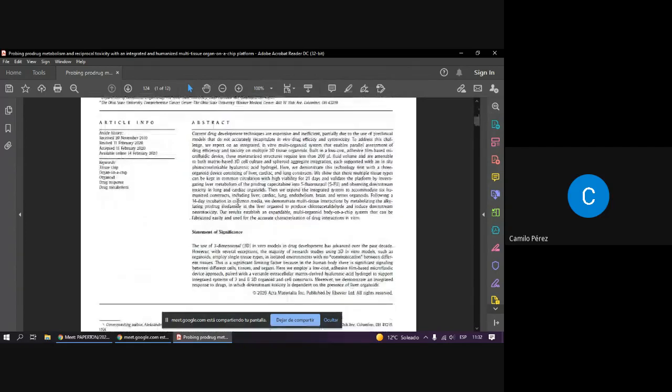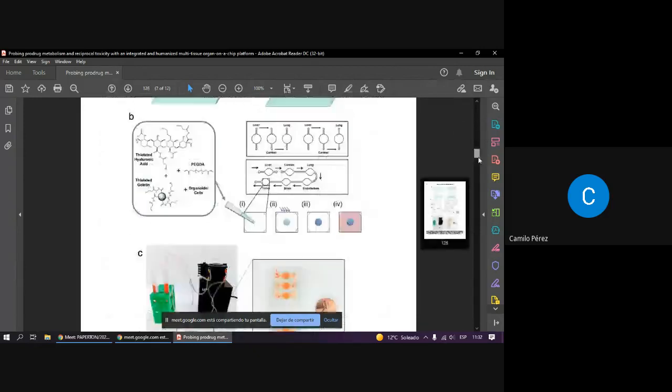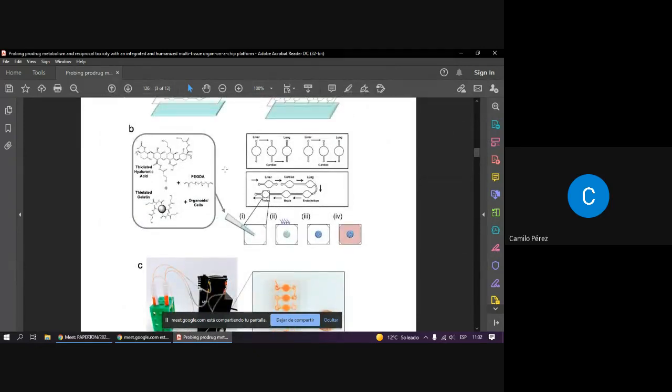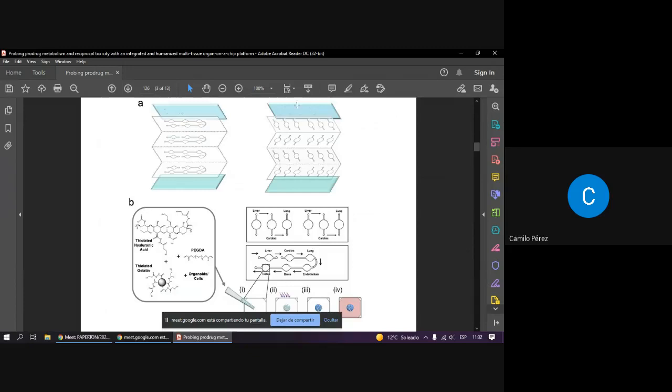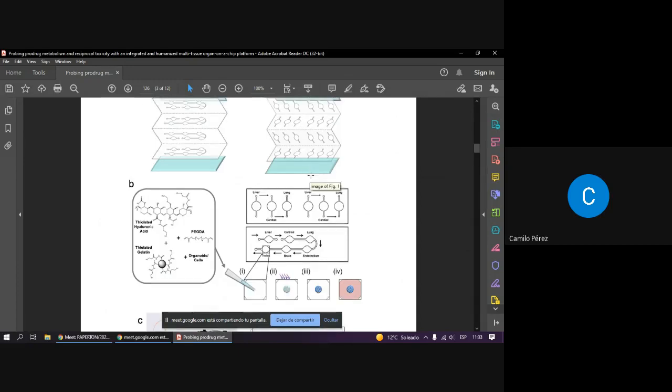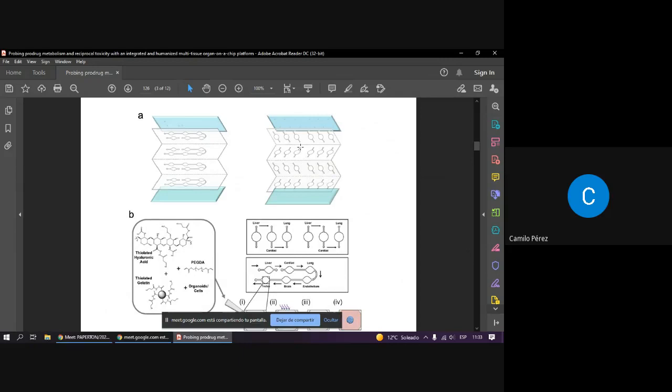This paper is very interesting for constructing a setup where different surface treatments are used, in this case two glass pieces to compact the channels or chambers, and different cells and organs are put inside.